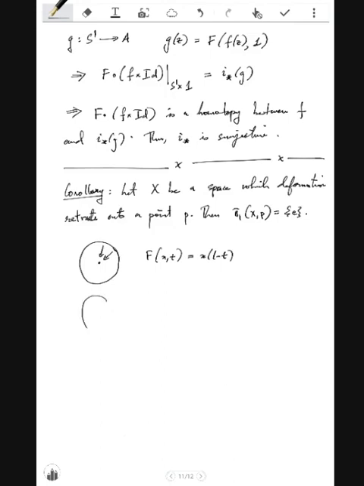Or we can take the disk and take the point 1, and define F of x comma t by going along the straight line joining x and 1. So 1 minus t times x plus t times 1. Or we can take Rn and use the same formula. F of x comma t is equal to x times t.